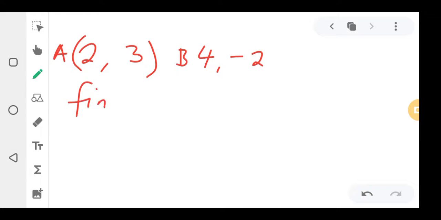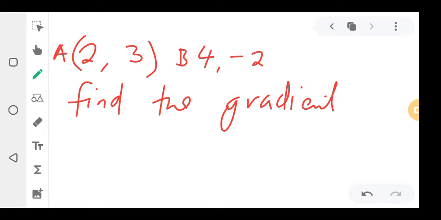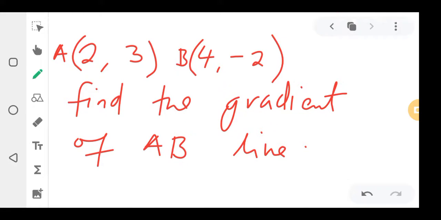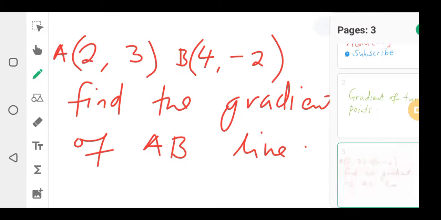Okay, find the gradient of the line AB. So this is a point like this. What's the first thing that you do? You pick the points first.